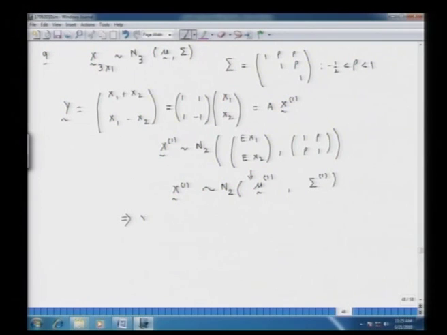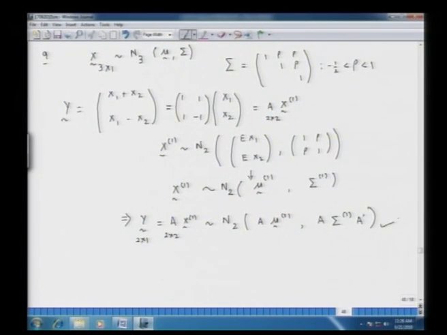So this would imply that this y, which is A times the x1 subvector, will have, now what is the dimension of A? A is a 2 by 2 matrix, and hence this 2-dimensional vector would have a bivariate normal distribution with mean as A mu1 and the covariance matrix as A sigma 1 A transpose, and that's the solution, because A is given by this, mu1 is this particular part here, and this sigma 1 is given by 1 rho rho 1, right.